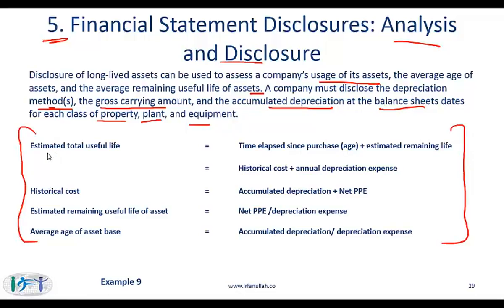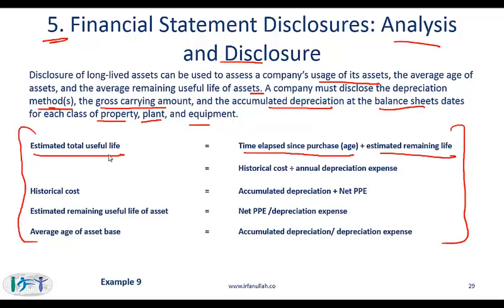If you want to come up with the estimated total useful life of the long-lived assets, what do you do? You can take the time elapsed since purchase, so that is the current age of the assets, plus the estimated remaining life. This will give you the total life from the start of the asset to the end of the asset.